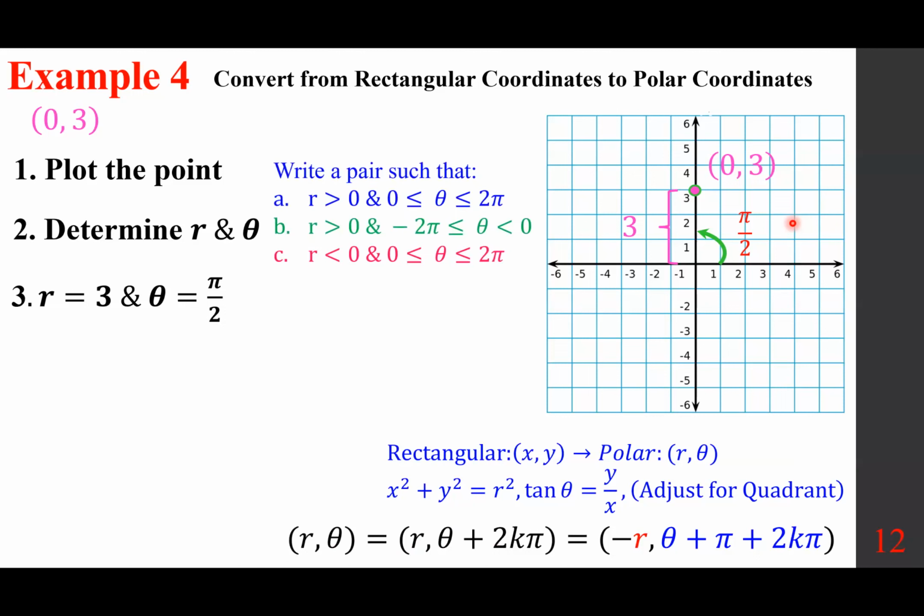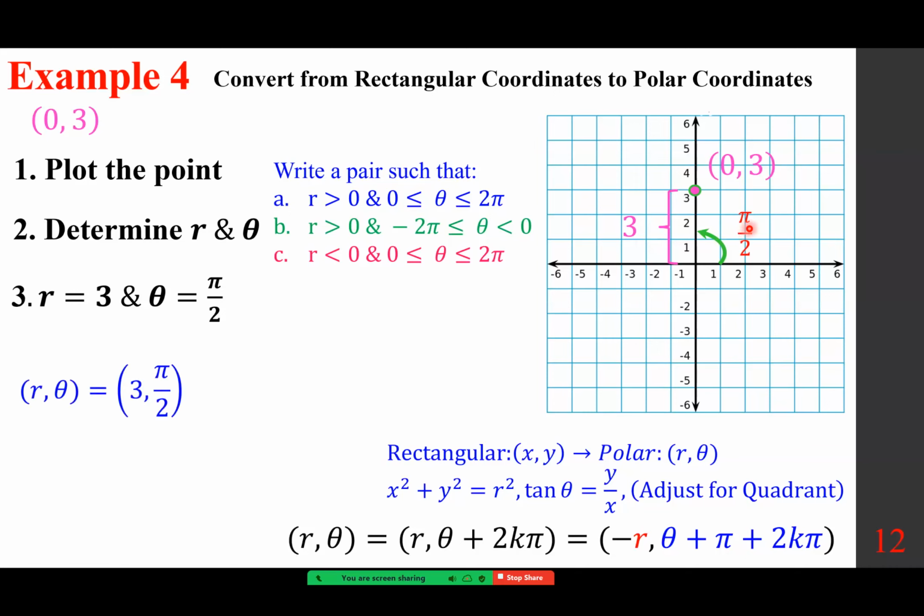We want to write a pair with 3 different criteria. Part A, we want r to be positive and theta between 0 and 2 pi. So basically r, theta, just the way it is, 3 and pi over 2.